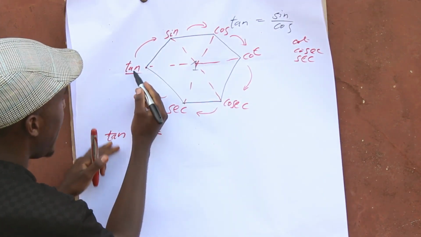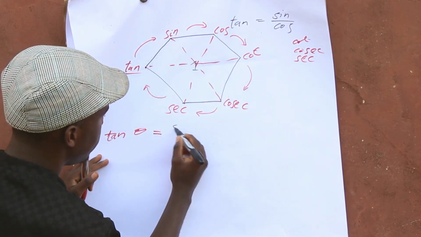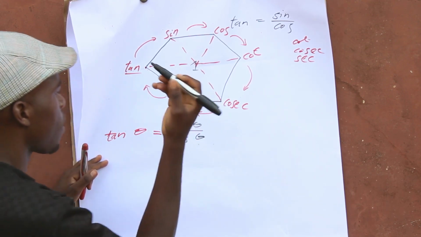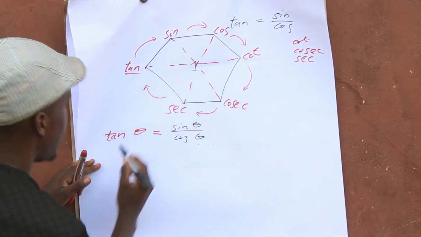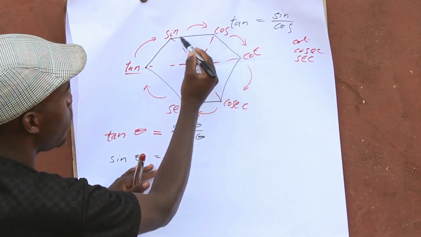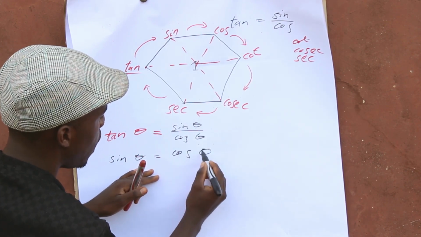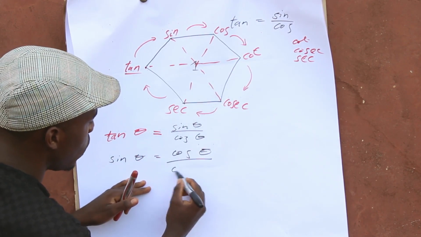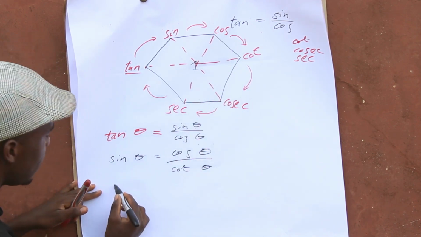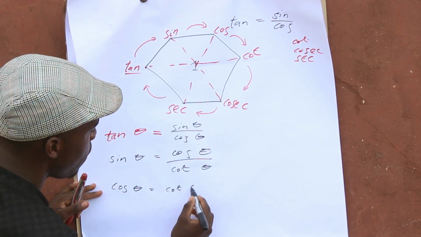You see that tan theta is equal to sine theta over cos theta. To derive for sine theta, you write sine theta is equal to, which one follows sine theta clockwise? It is cos theta over cot theta.